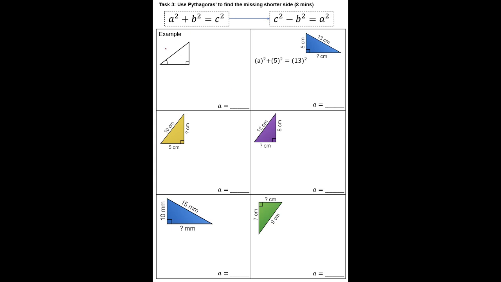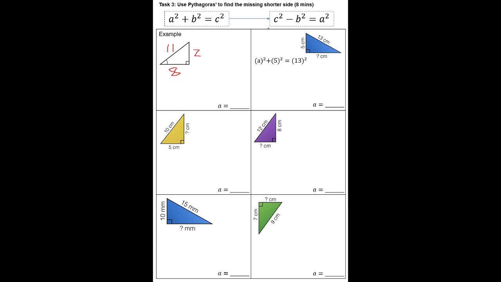So in my example here, let's say that this is 11, this is 8, and this is, let's call this z. Let's use x and y. Okay, so this time round, if you have a look at the top, what I've done is I've actually rearranged Pythagoras Theorem in order to help.